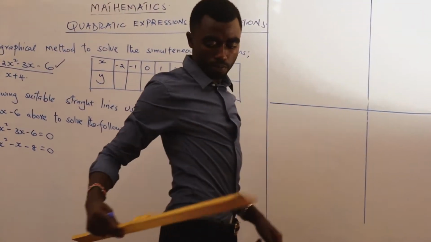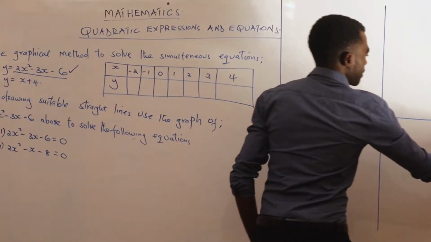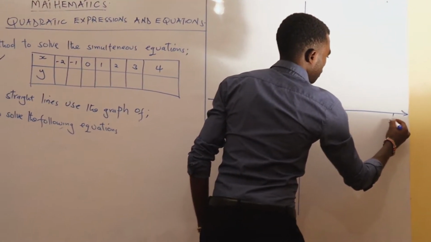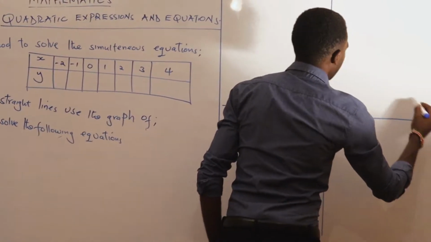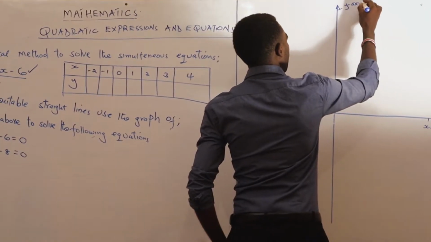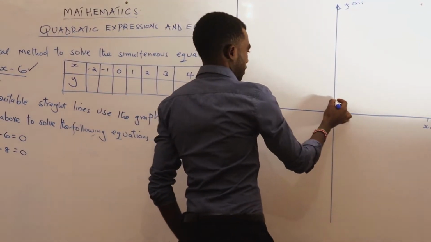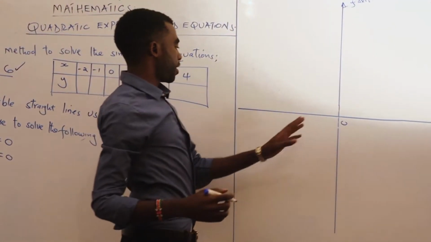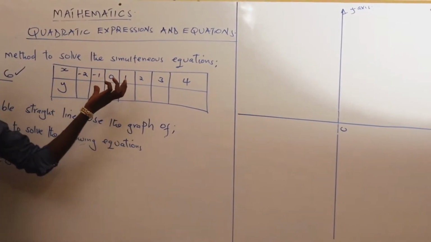Right, that's our Cartesian plane. So we have the x-axis, then we have the y-axis. So we have 0. So we have to come up with a suitable scale.